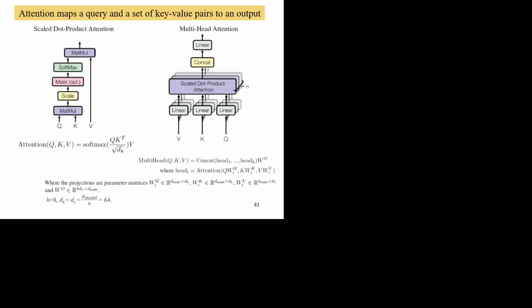For the case of self-attention, Q, K, V are usually derived from the same source.